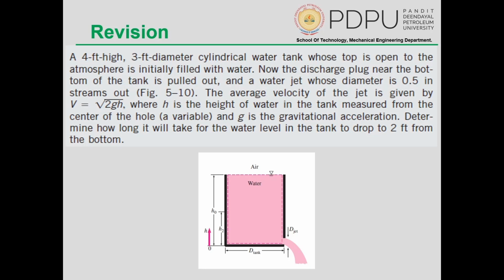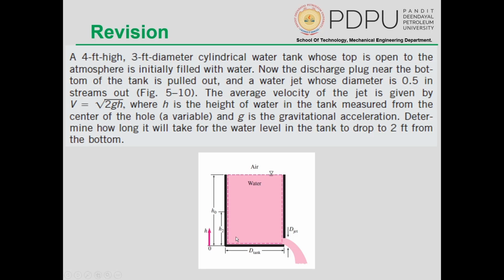In this numerical, we had a tank which was given a certain diameter, and the liquid, which is basically water, was given at H0, and there was a small opening with a certain diameter, dz. You were asked to find out how much time it will require for the water level to reduce from H0 to H2. I hope you remember the process.